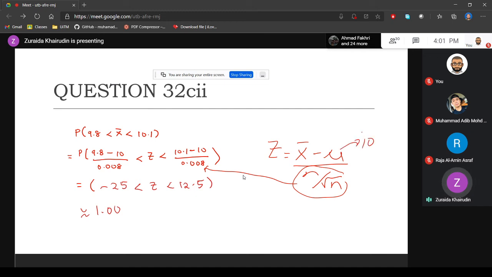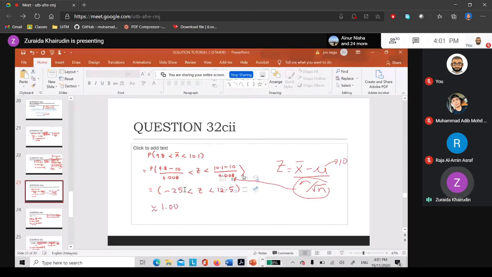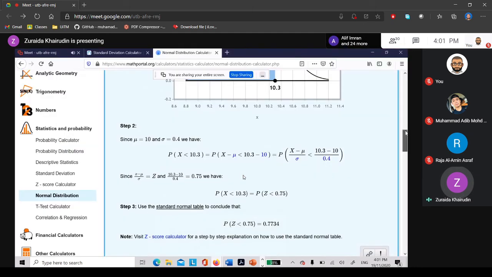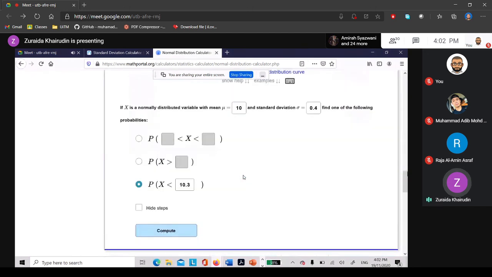Your mu is 10, your X bar is 9.8 and 10.1. You can also use the scientific calculator just now, so you can ask the calculator to compute for you. Negative 25 and 12.5.